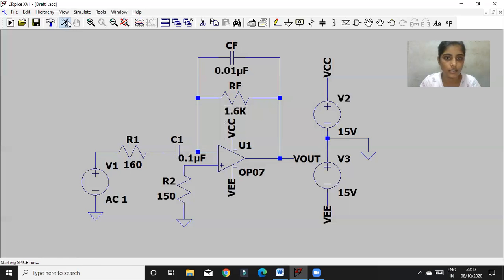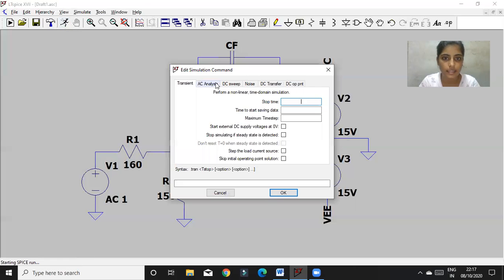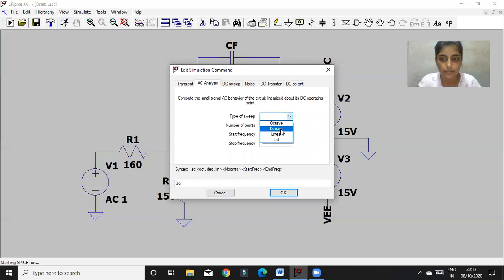I select AC analysis, with decade, 1000 points, starting from 1 to let's say 100k.